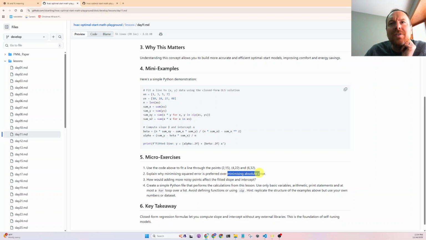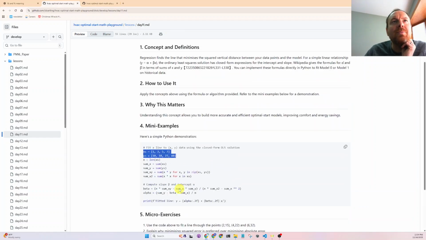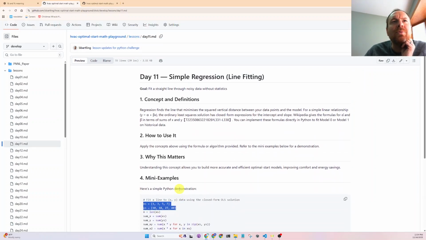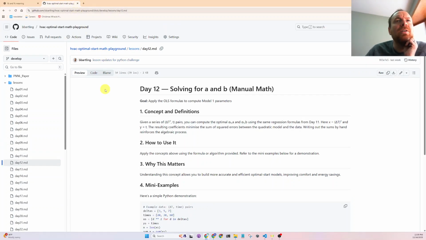Versus minimizing for absolute error, at least in machine learning, I think that you'll get better results if you're minimizing for squared error, because it will kind of smooth out any real big outliers. Seems kind of funny. I think I might skip this and jump right to the next one, which is day 12.